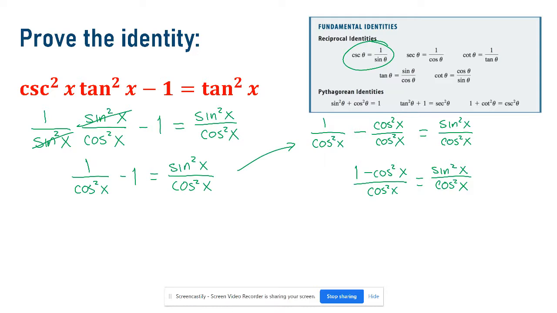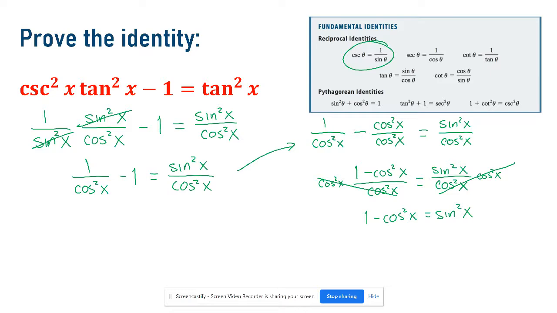Now what I can do is just multiply. I can cancel out this cosine squared of x by multiplying it by both sides. And I have 1 minus cosine squared of x equals sine squared of x. And this is starting to look familiar.